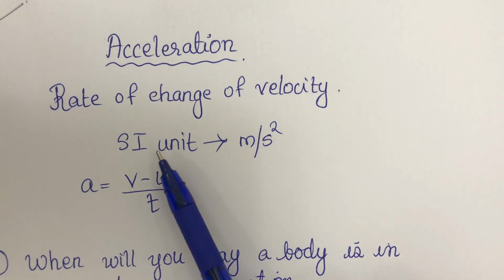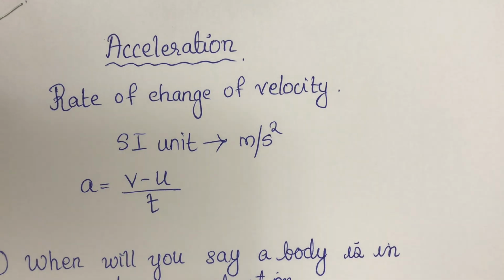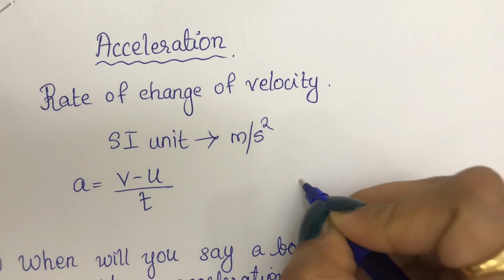And what is the SI unit of acceleration? That is meter per second square. Okay, so if we increase the speed, if we increase the velocity, the acceleration will be positive.